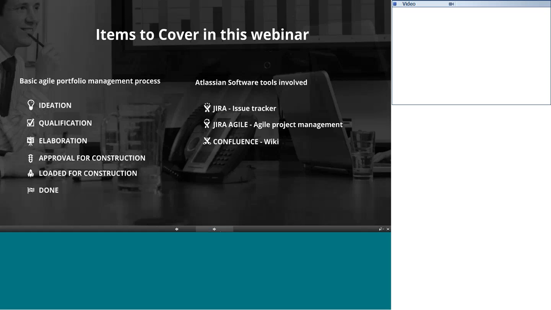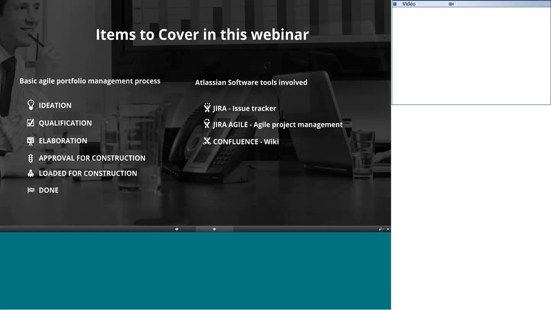And Confluence is where all of our documents are going to live. So, for instance, as we create an idea or we elaborate the idea, we're going to have a space on Confluence where we capture that information, where we can share that with others on our team, where we can collaborate and get that document to a state where it is presentable to move forward to the next phase.